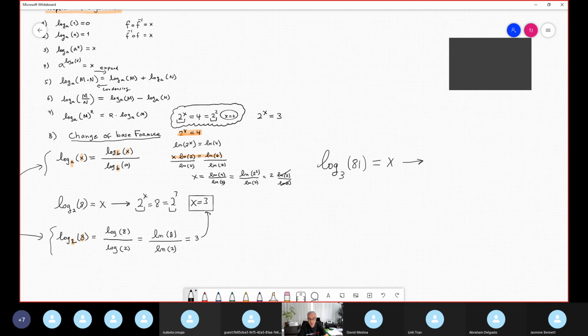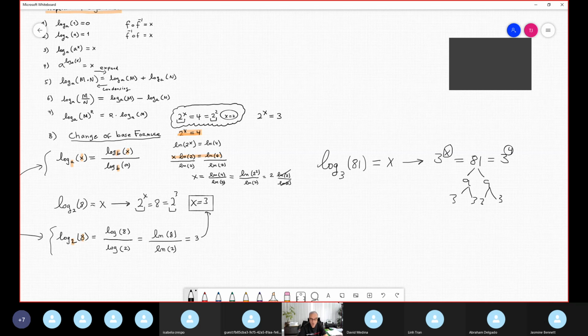You convert to exponential: 3 to the x equals 81. You know that 81 is 3 to the 4th power, because 81 is 9 times 9, and 9 is 3 times 3. Actually, 81 is formed by multiplying four 3s. Therefore, the answer is 4. Same base in the exponential, so the exponents are the same.